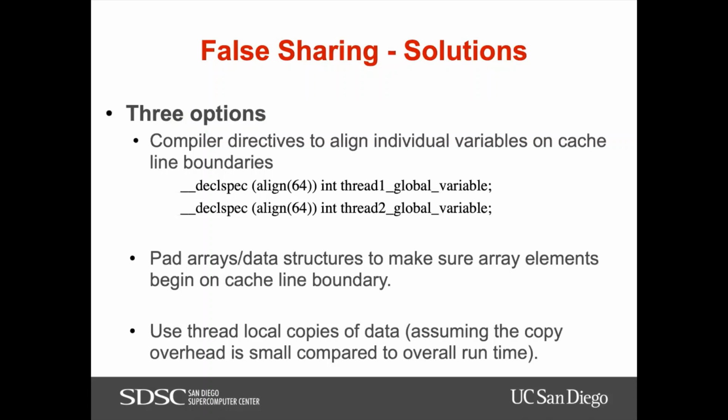So there are lots of options for avoiding this. There are compiler directives which align the variables on a cache line boundary. You can pad these arrays so that the array elements begin on the cache line boundary. Or you can just do thread local copies of data, assuming that the copy overhead is small compared to the overall runtime.